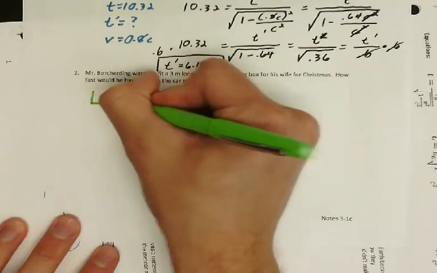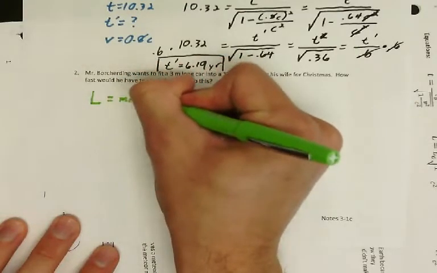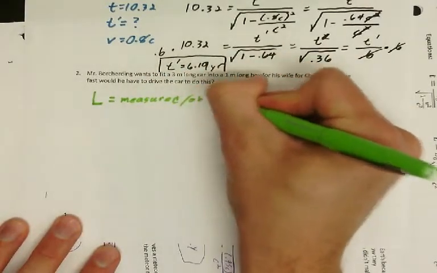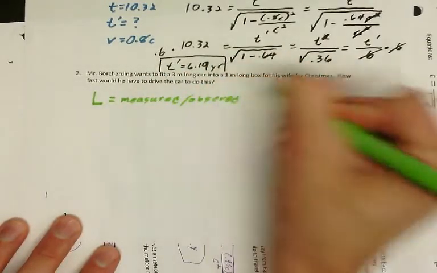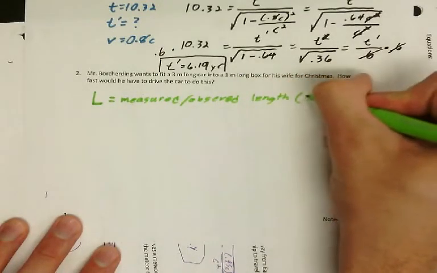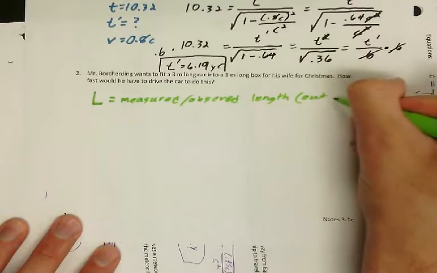So L is, again, the measured or the observed length by an outside frame of reference.